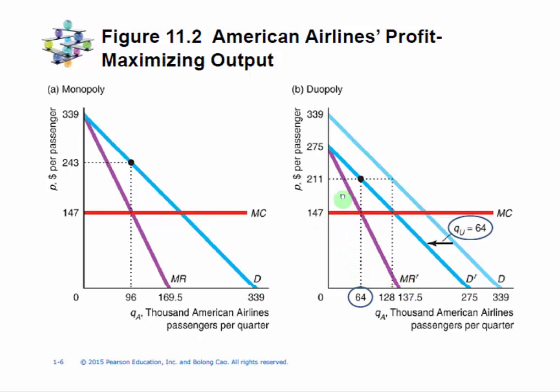So 147 equals 275 minus 2Q. By a similar calculation to the monopoly market, we get the new quantity supplied by American Airlines: QA equal to 64 as well, when American Airlines is trying to maximize its profit under this residual demand curve. And the market price will be $211.